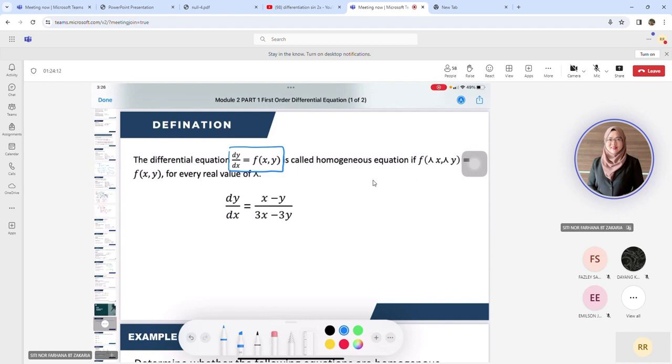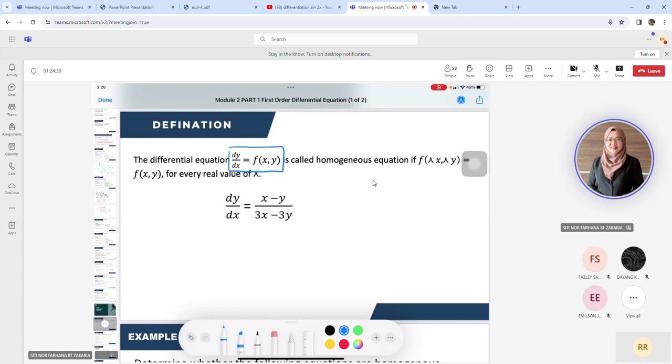We only have two independent and dependent variables, which are x and y. But if we add another variable into that differential equation and then we simplify it, it becomes similar to the original one. Then we call this DE a homogeneous equation.